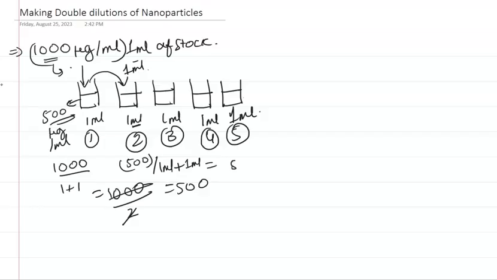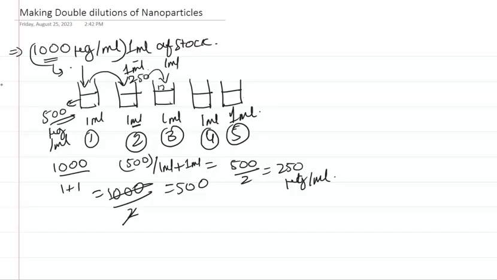So it will be 500 by 2, which is 250 microgram per ml. So second tube will be 250 micrograms.